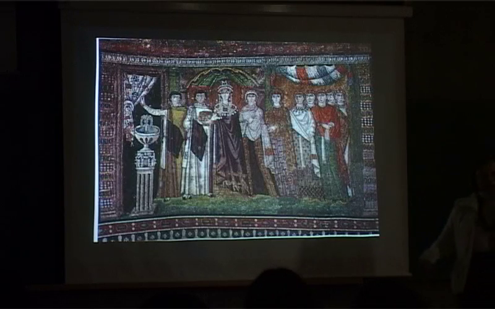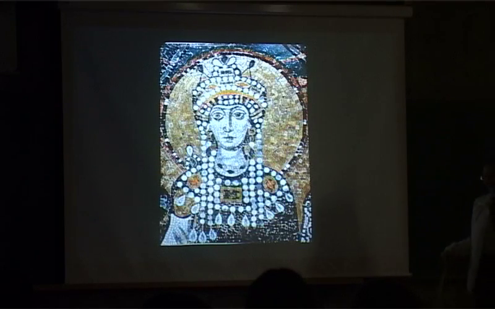So the imagery is conveying the imperial power. But this imperial power is under the sanction of Christian rule, the Christian belief. It's a very Christianized Roman empire that we have.